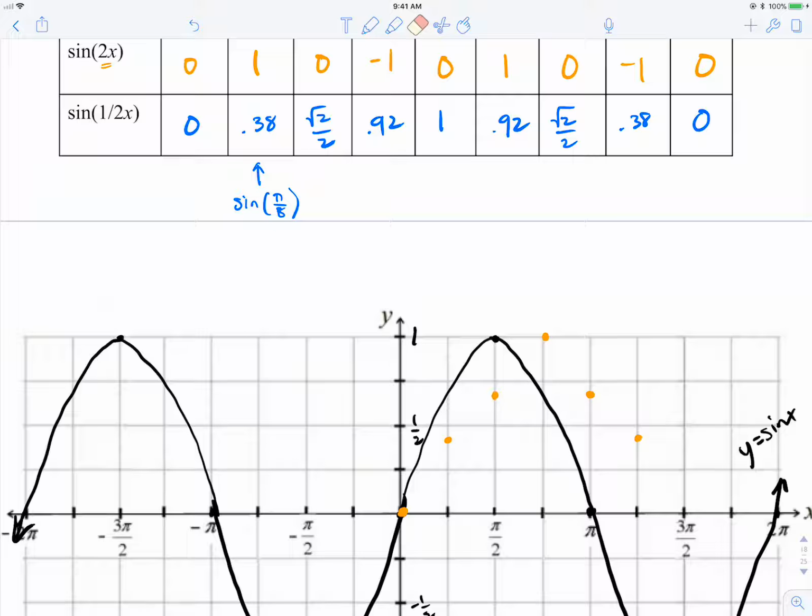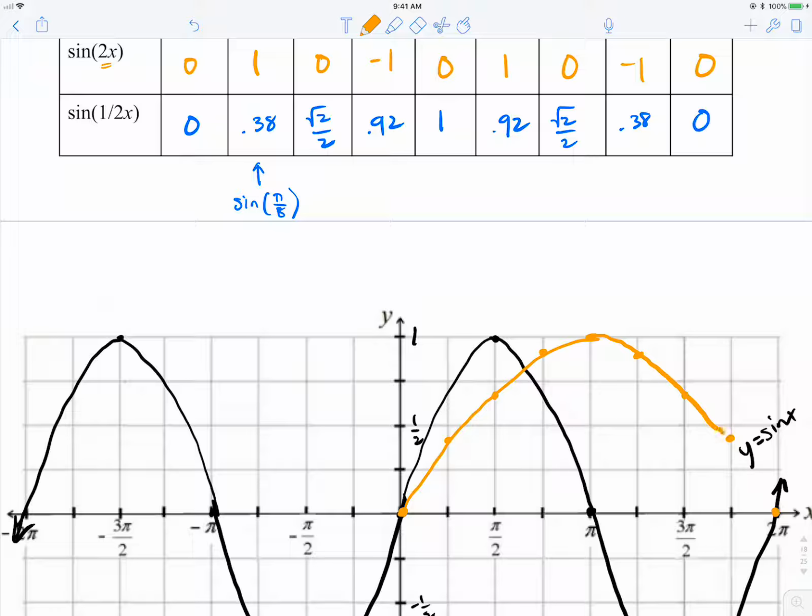Uh-oh, what happened? I was missing some values. Sorry, we go up to 0.92 next. And then to 1, and then back to 0.92, 0.7, 0.38, and 0.